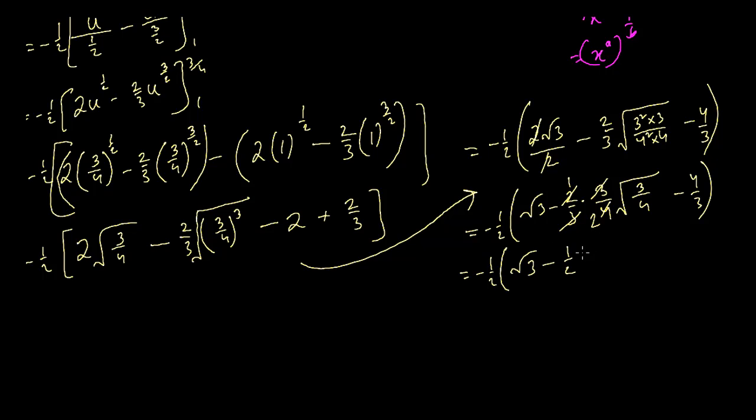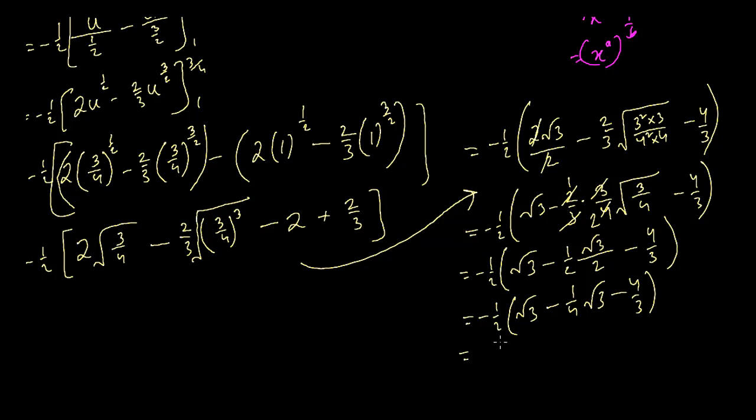Now square root of 3 is square root of 3, square root of 4 is 2, minus 4 by 3. So what we have here is minus 1 by 2 square root of 3 minus 1 by 4 square root of 3 minus 4 by 3. If you subtract this like algebra, for example x minus 1 by 4x, this would be 3 by 4. So minus 1 by 2, 3 by 4 square root of 3 minus 4 by 3.